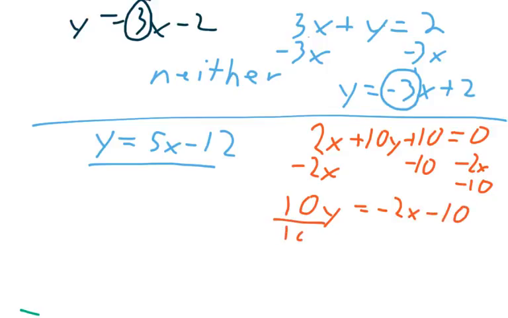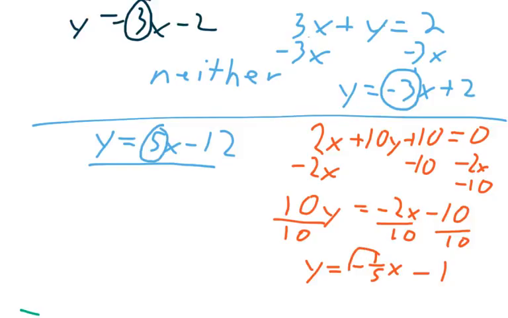Then I'm going to divide everything by 10, and I get y equals, this reduces to negative 1/5 x minus 1. So 5 and negative 1/5 are opposite reciprocals, which means that this is perpendicular.